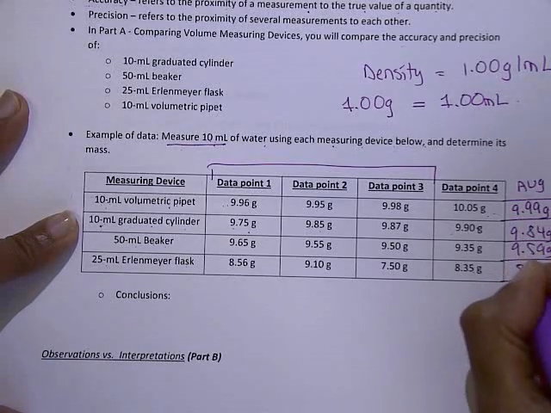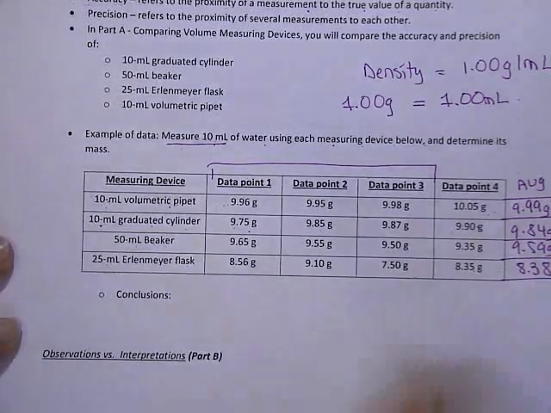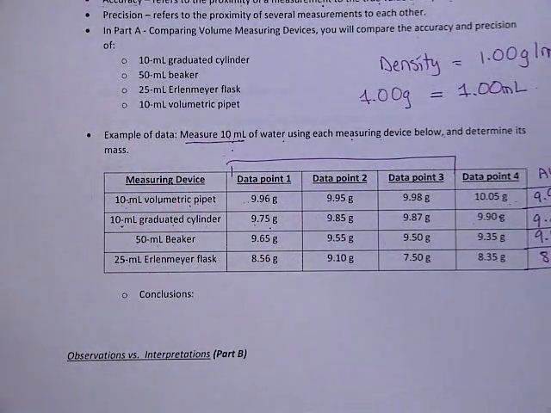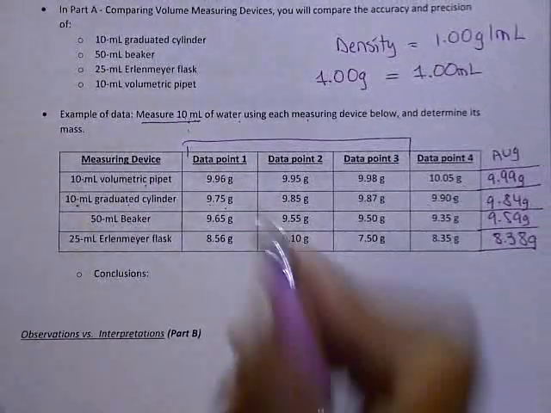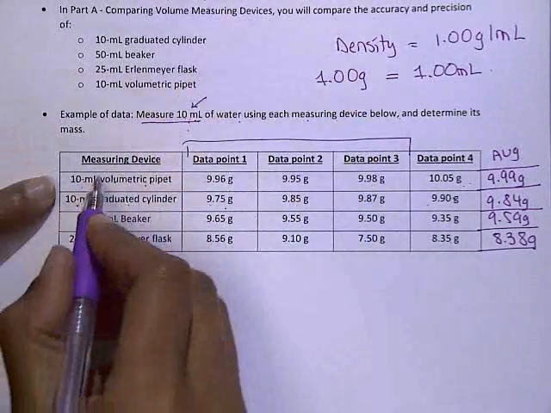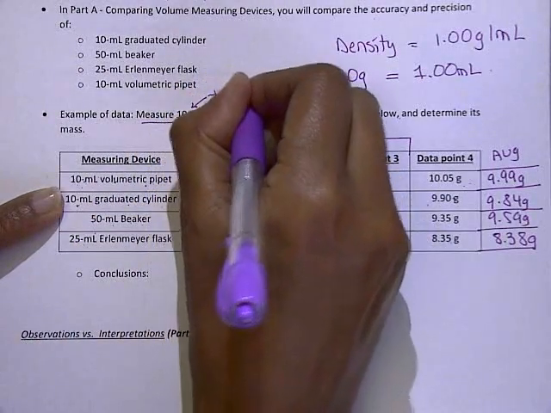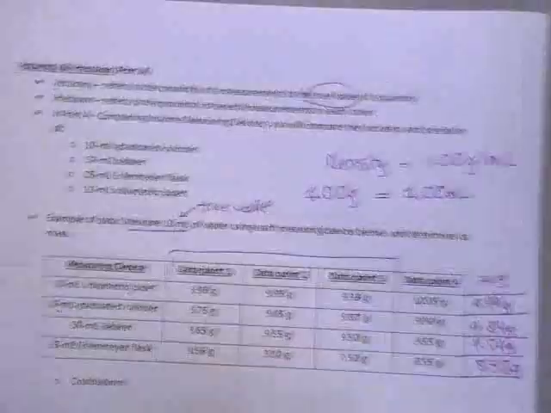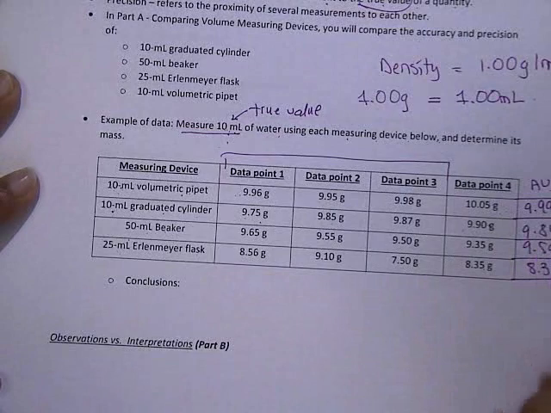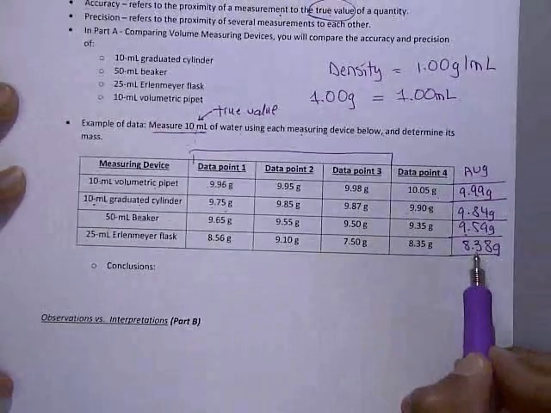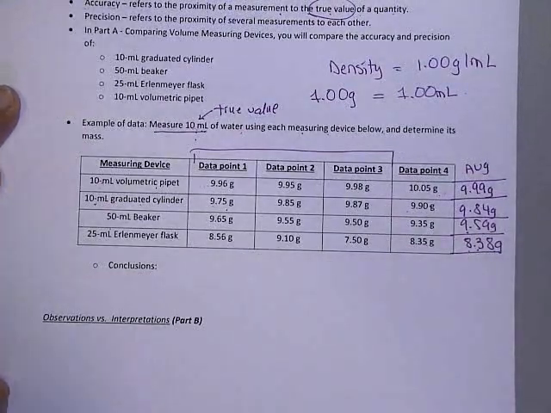And lastly, for the Erlenmeyer flask, 8.38 grams. I'm trying to figure out which is most accurate and most precise. My true value, I'm trying to find which device will give me closest to 10 milliliters. This is my true value, which is what I was discussing with you up here. 9.99, 9.84, 9.59, and 8.38.